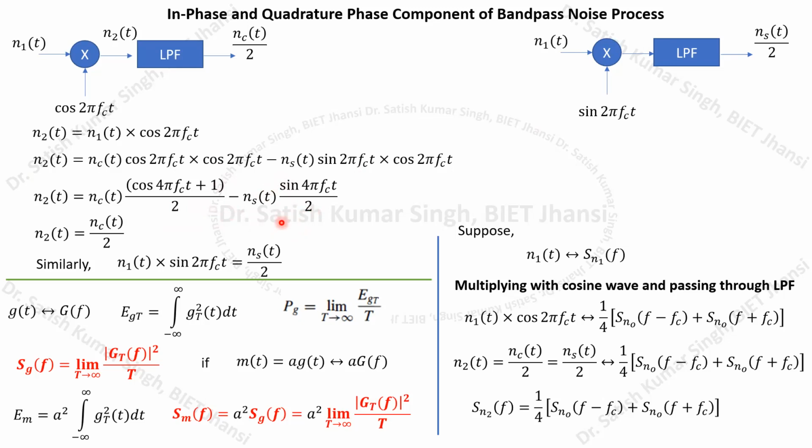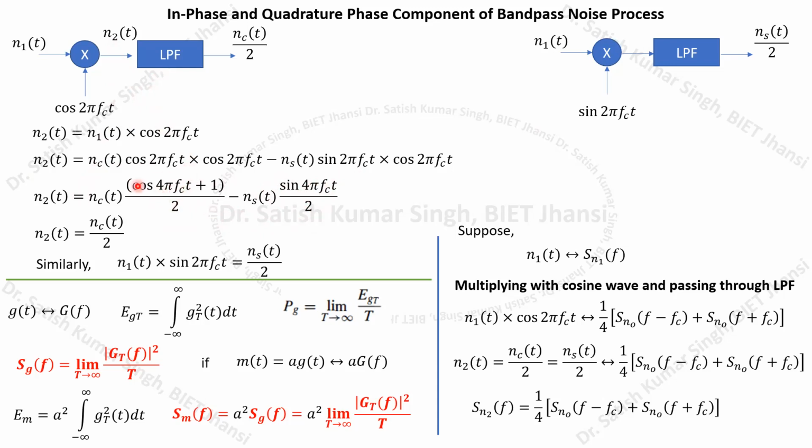Once we get this n2(t), if you pass this signal through a low pass filter with appropriate pass band, we can see that there is a sin 4πfct term and a cos 4πfct term.